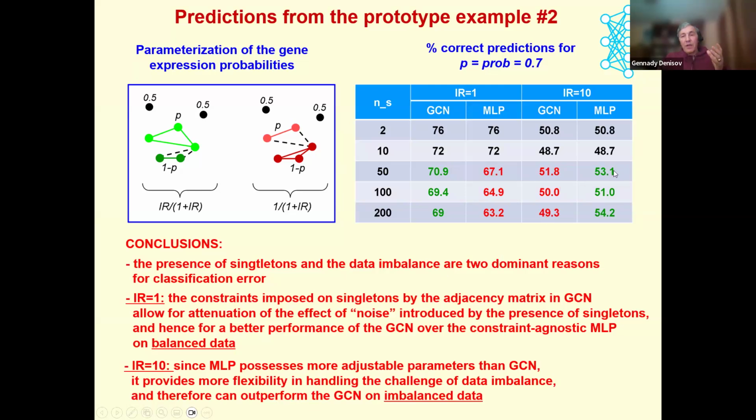The multi-layer perceptron has more adjustable parameters. There would obviously be some parameters corresponding to weights in connections of different genes. And therefore, it's more flexible in handling the challenge of data imbalance. So that's why it works better than the graph convolutional network on imbalanced data.